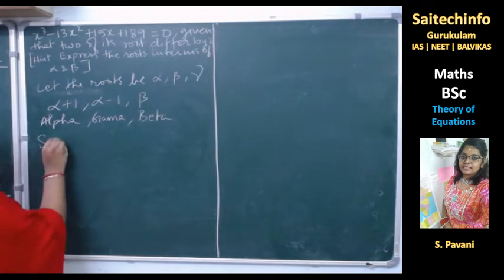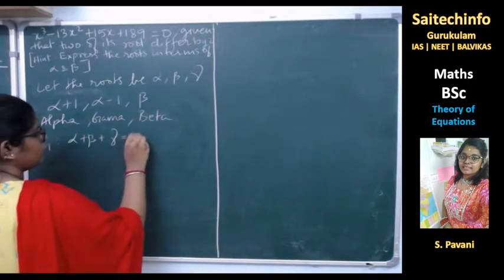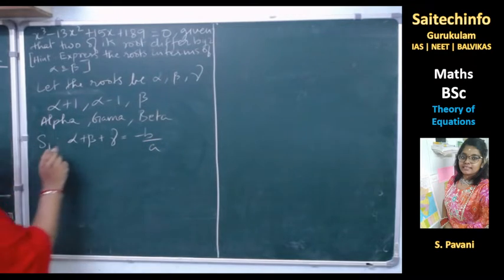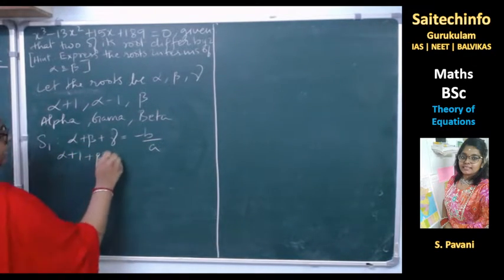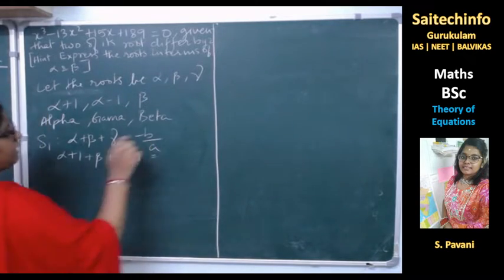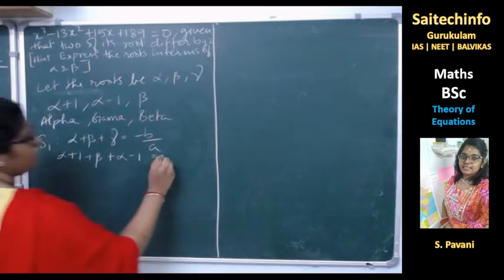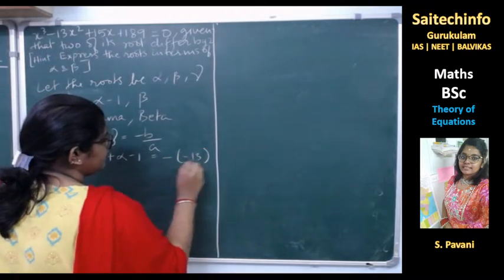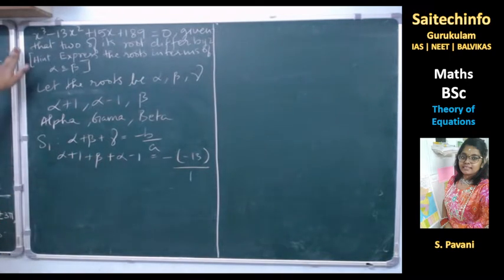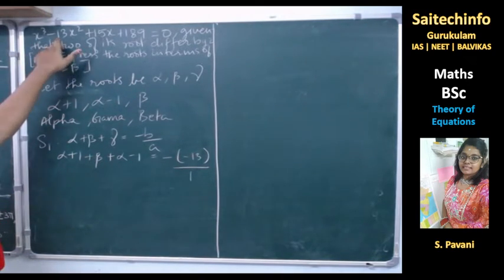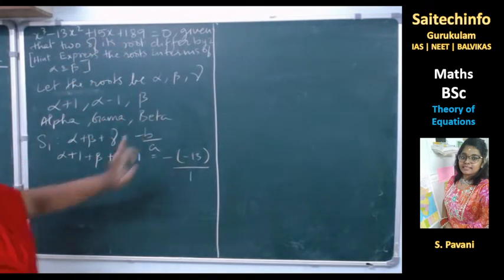First, S1. We know alpha plus beta plus gamma is equal to minus b by a. Here alpha is alpha plus 1, beta is beta, gamma is alpha minus 1, and minus b is minus of minus 13, divided by a, which is 1, the coefficient of x cube. a is the coefficient of x cube, b is the coefficient of x square, c is the coefficient of x, and d is the constant.